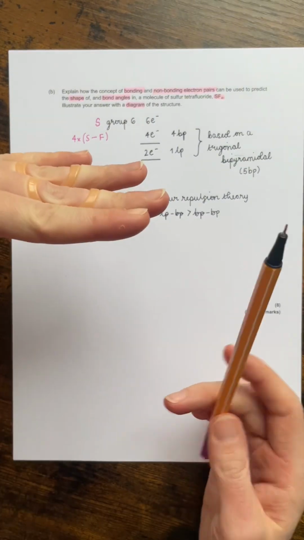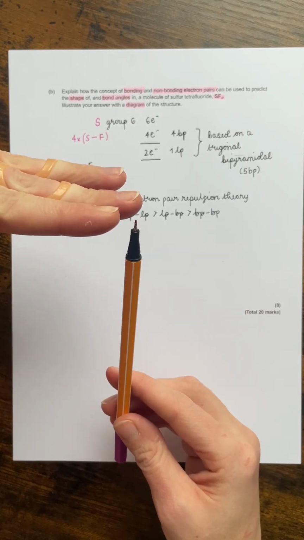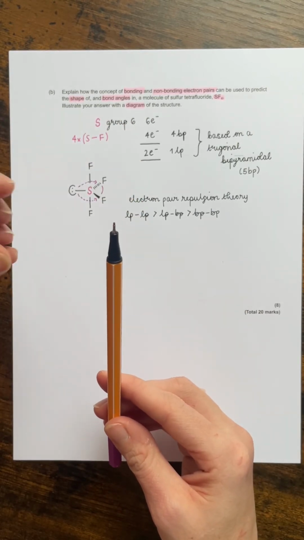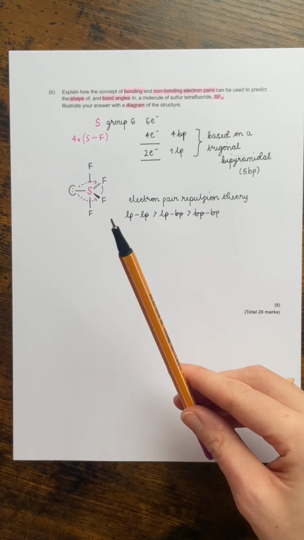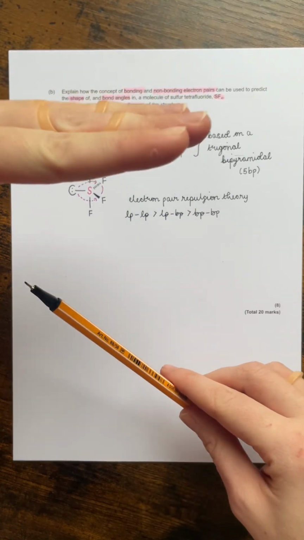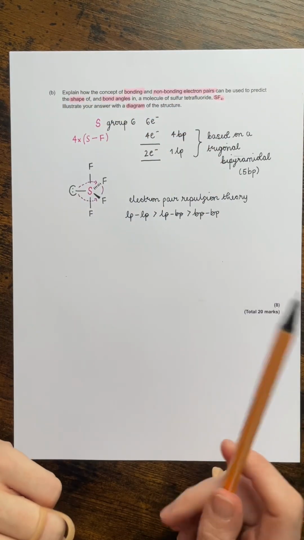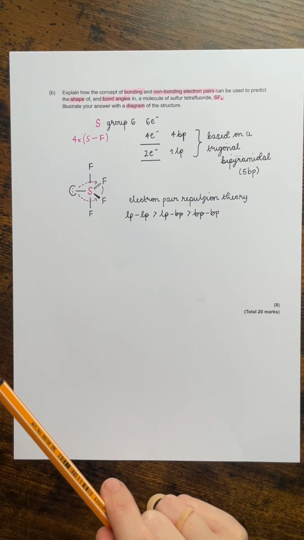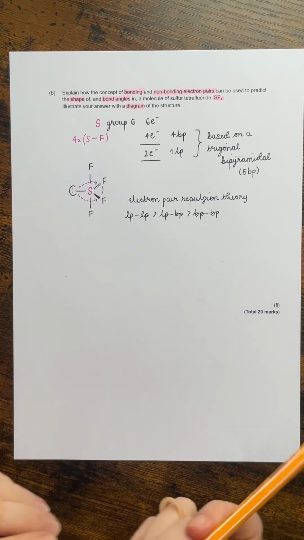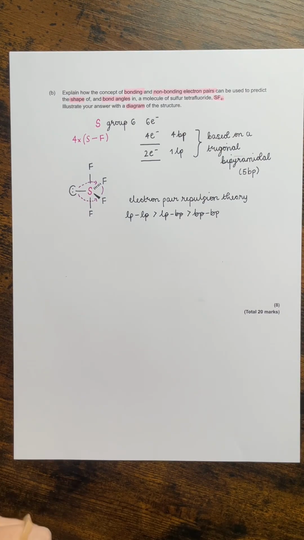So they would normally be 90, but if you've got a bonding pair repelling those axial positions, and again squidging, we're going to have less than 90. And that's the key thing. We don't need to be able to specify how much smaller than 120 or how much smaller than 90. We can just say that they will be smaller than 90, smaller than 120 because, and then explain our answer.